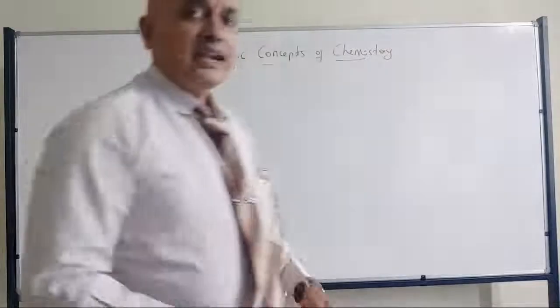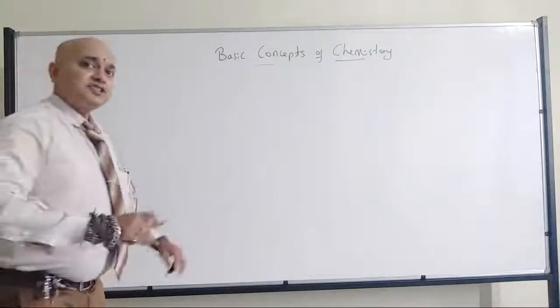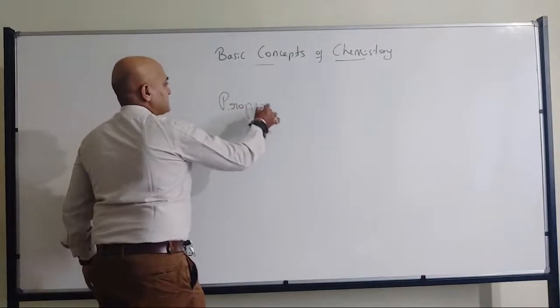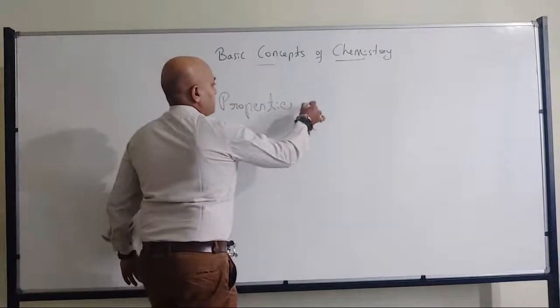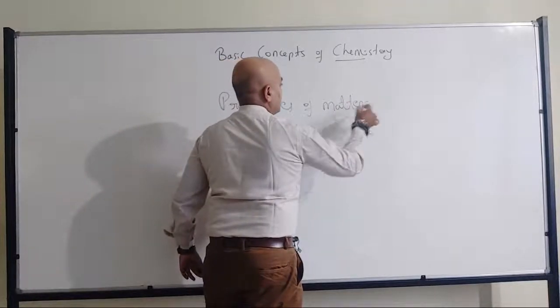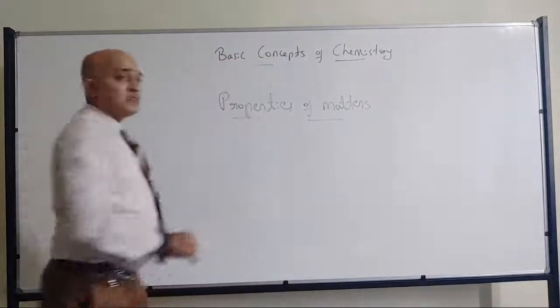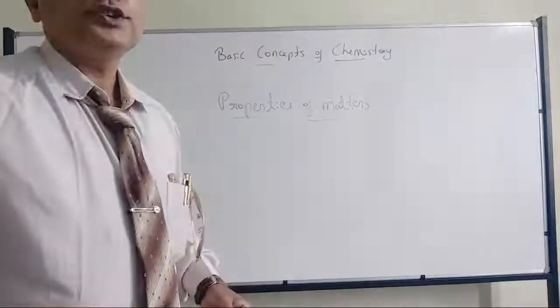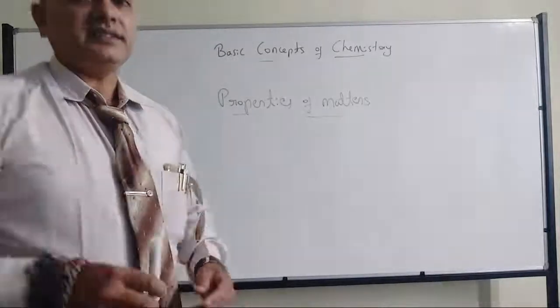Okay. So in that case, we will move to the next one, that is related to properties. Properties of matter. Which are those properties which will be shown by these matters?